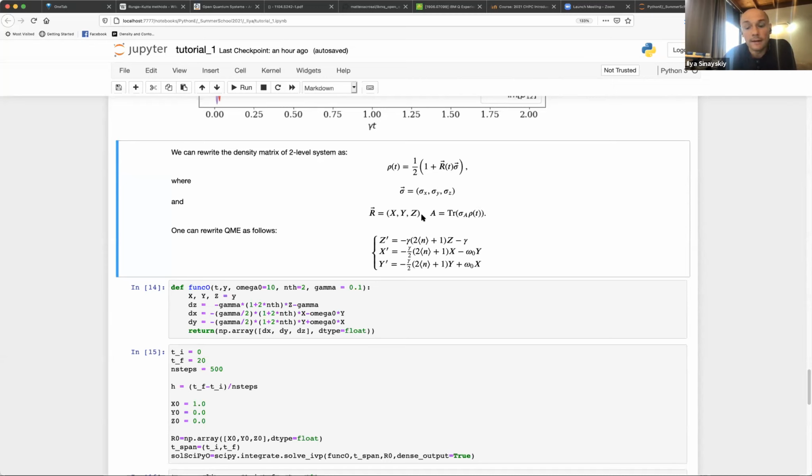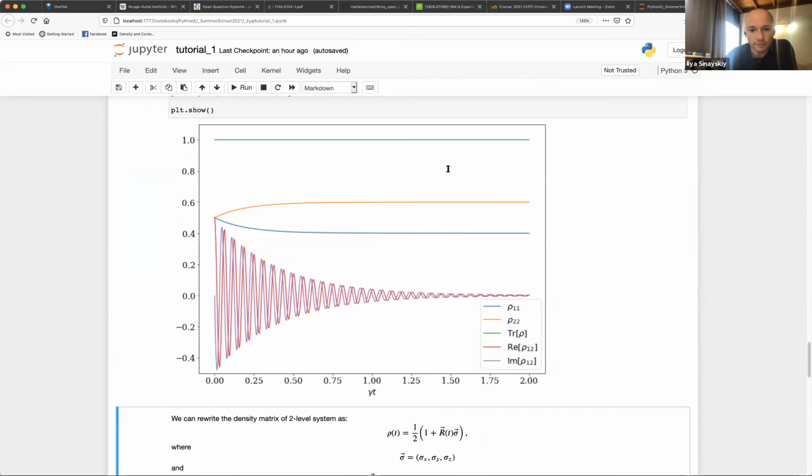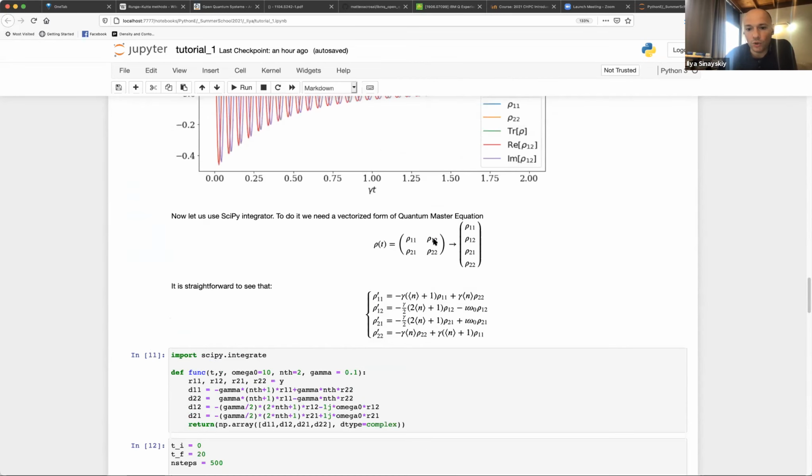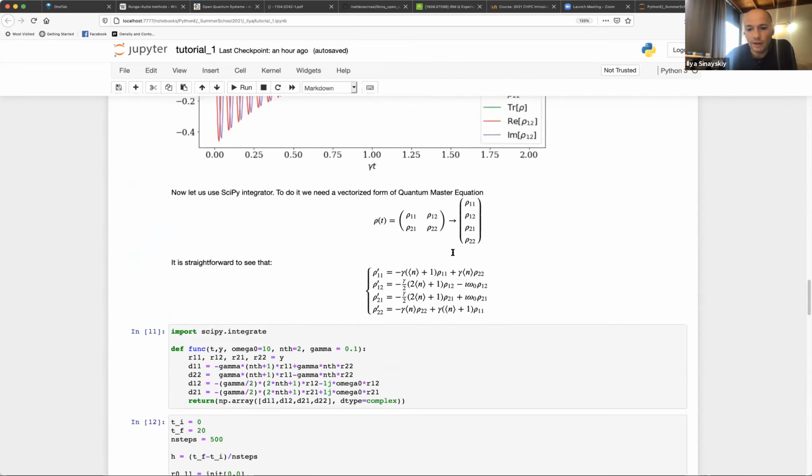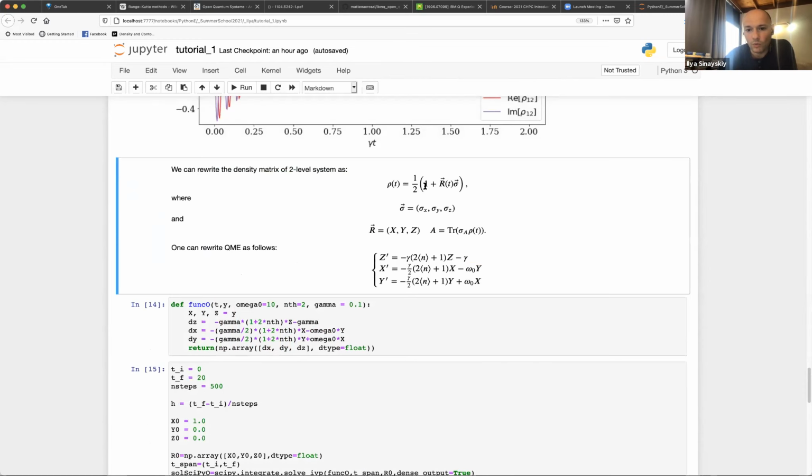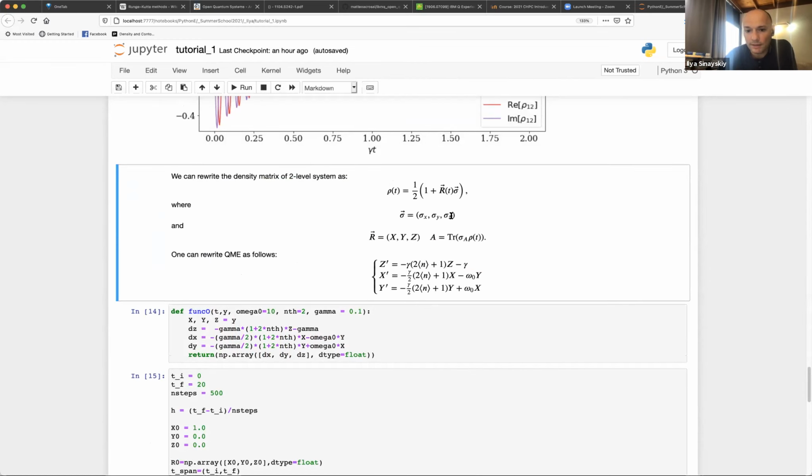So you can just do the substitution, find the trace, and you're going to get exactly these x, y, z's. And now, playing absolutely the same game, but instead of rho of t in the form of rho 1,1, rho 1,2, rho 2,1, and rho 2,2, if you substitute 1/2 of identity plus R dot sigma and calculate the action of the semigroup generator, you're going to end up with 3 differential equations for real quantities, because observables are real.